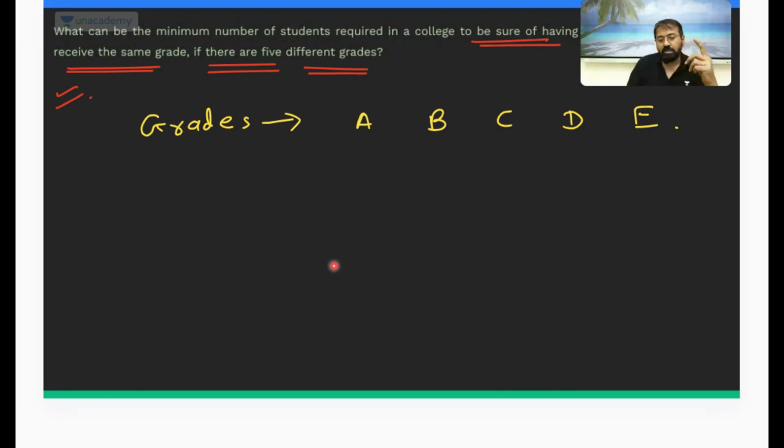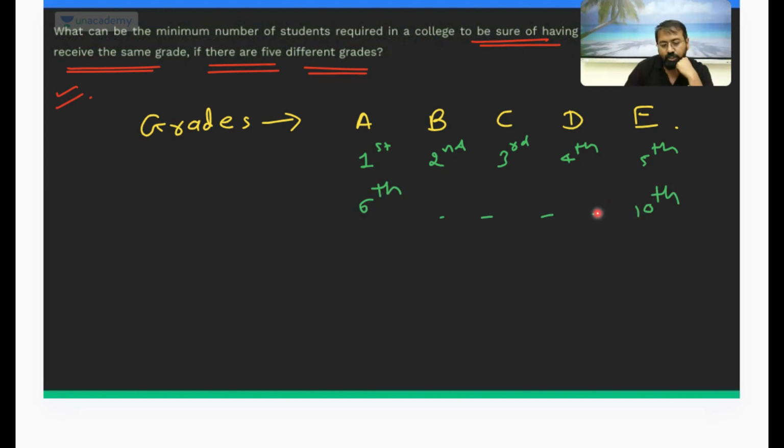Now, guys, what can be the worst possible scenario? Can I say the worst possible scenario is the first student has grade A, second student has grade B, third student has grade C, fourth student has grade D, fifth student has grade E. Once again, sixth student has grade A, 10th student has grade E, and so on and so forth.